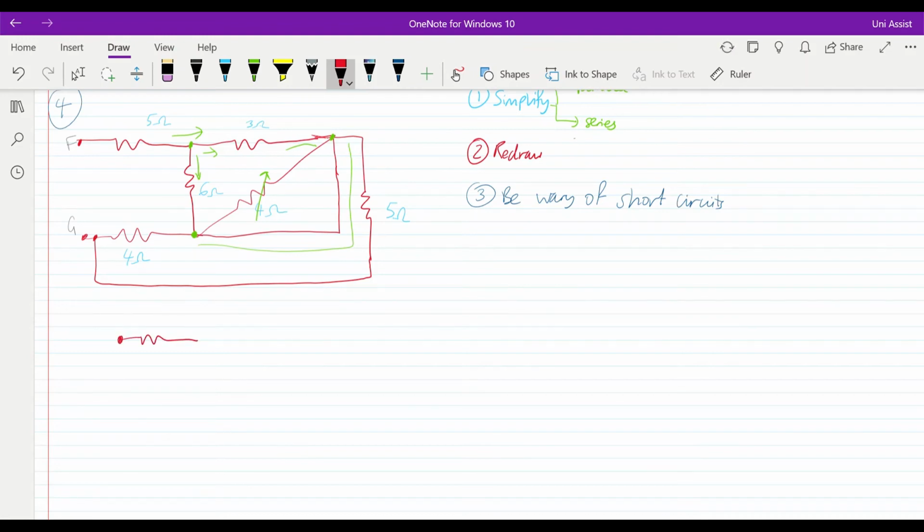Redrawing this, and because we got rid of the short circuit, I can connect these two points straight away.